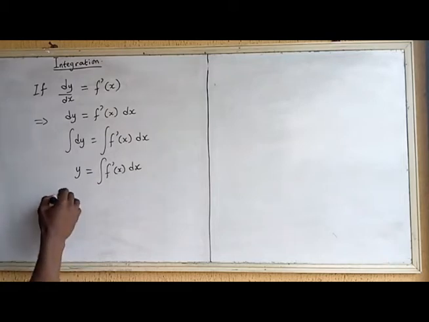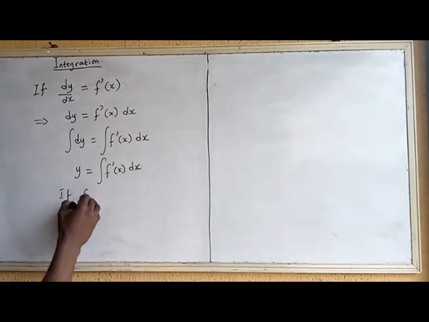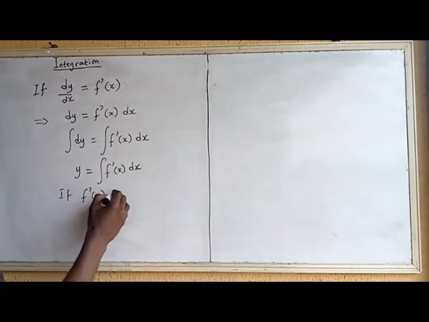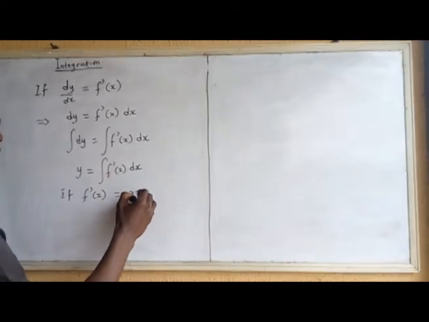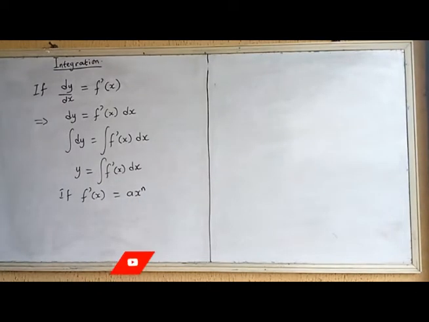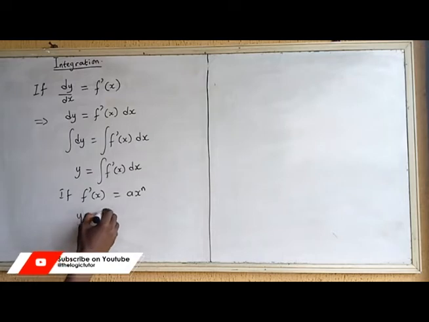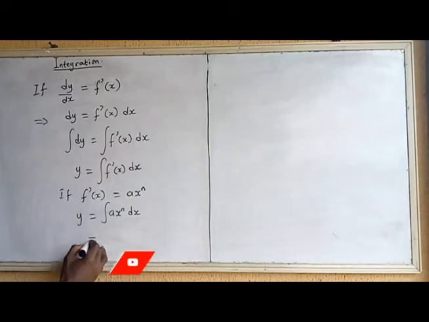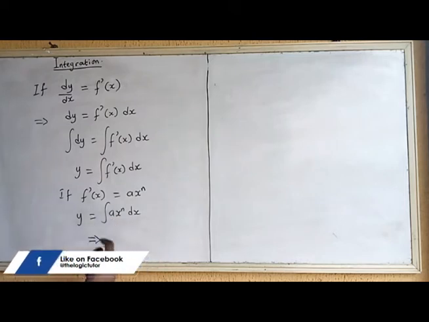Let's say f prime x is equal to a x raised to power n in general, meaning y will be equal to the integral of a x^n dx, and the technique we have developed says that to integrate, this is what we are going to do to the values in the integral.